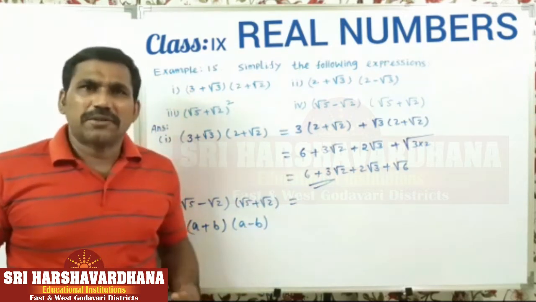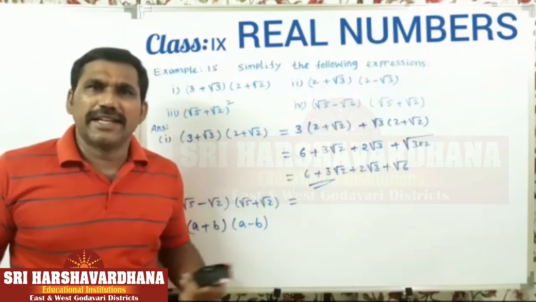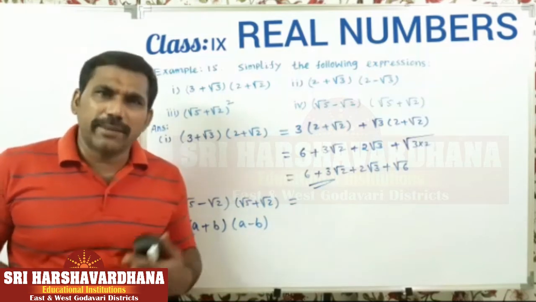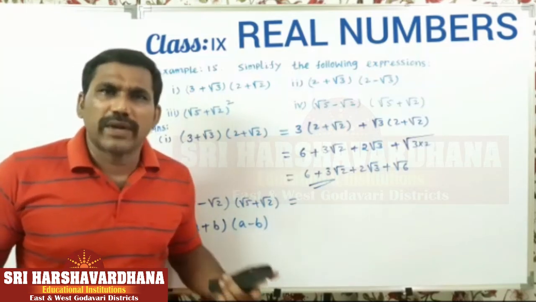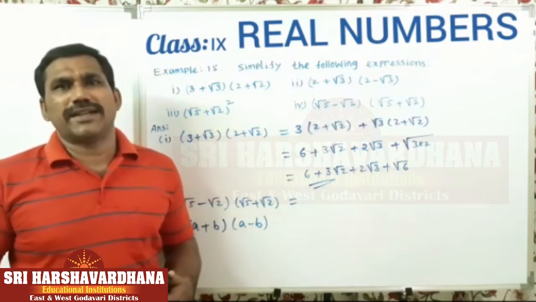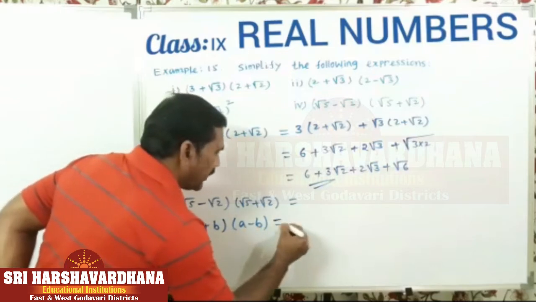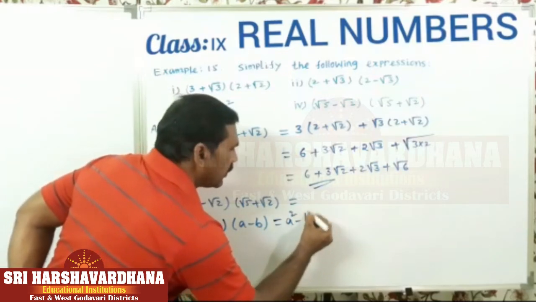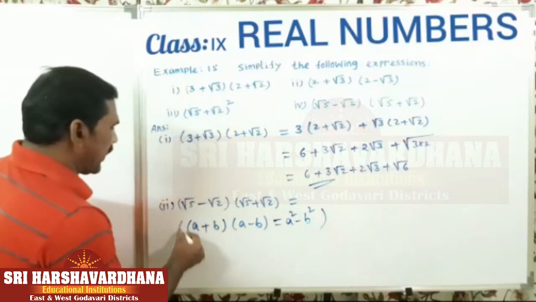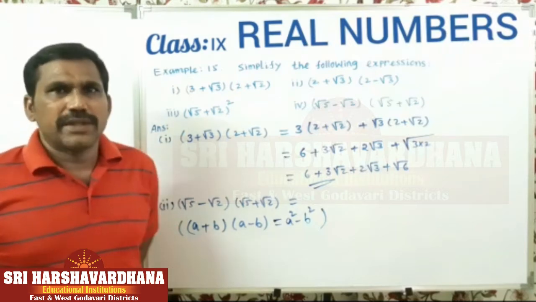What is the formula for finding a plus b into a minus b? A square minus b square. Already you have learned in 8th class. So that's why write down the result as a square minus b square.